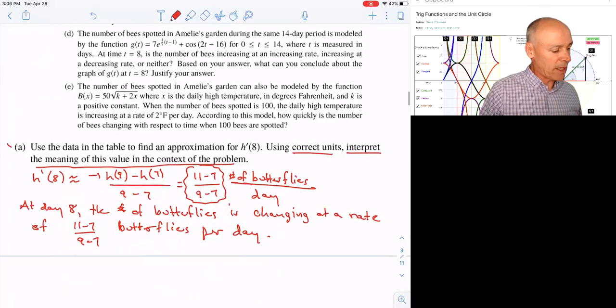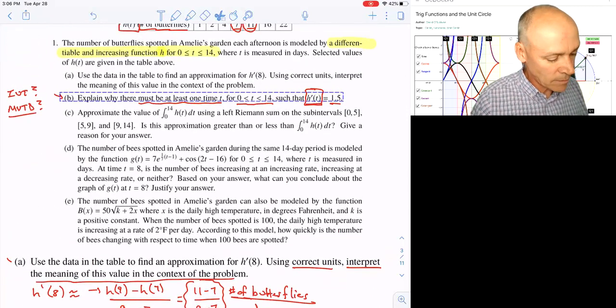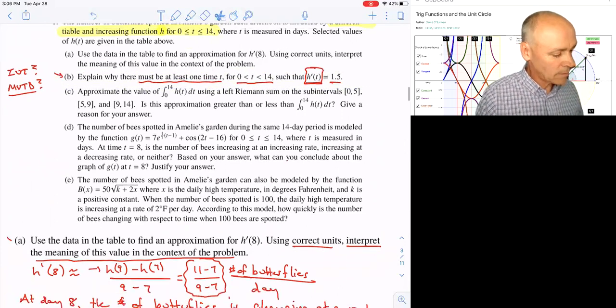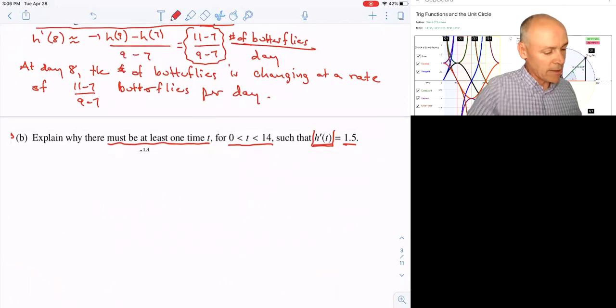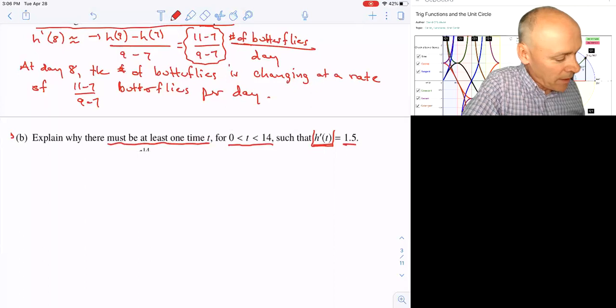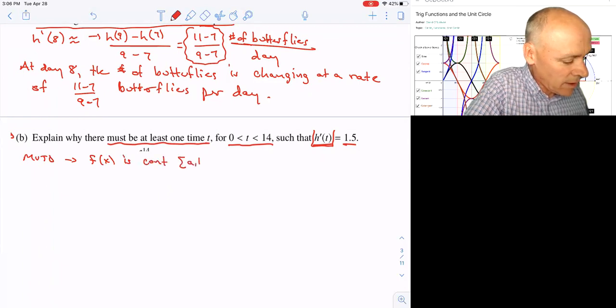So if that's the case, let's copy this. If I think about MVT for derivatives, we've got to remember that f of x is two things. It's continuous on the closed interval a to b, and f of x is differentiable on the open interval a to b.